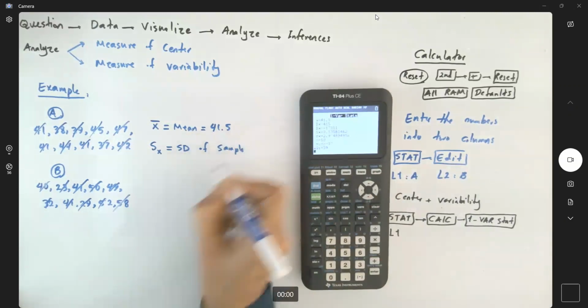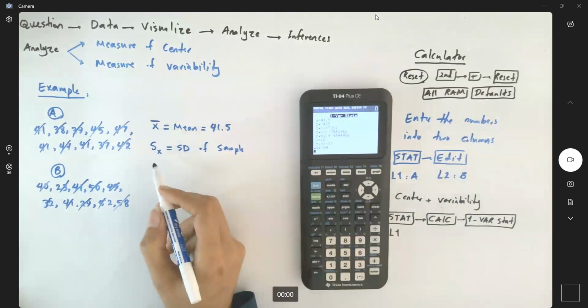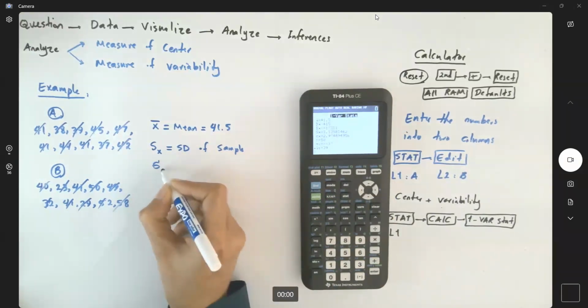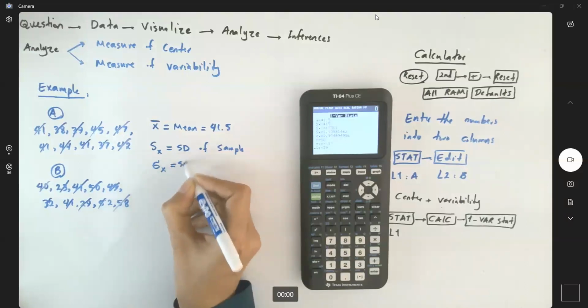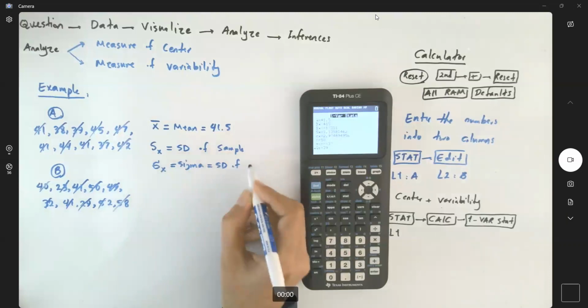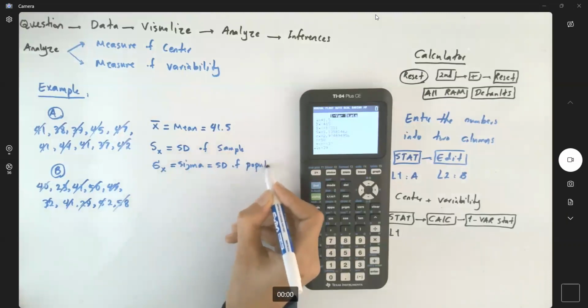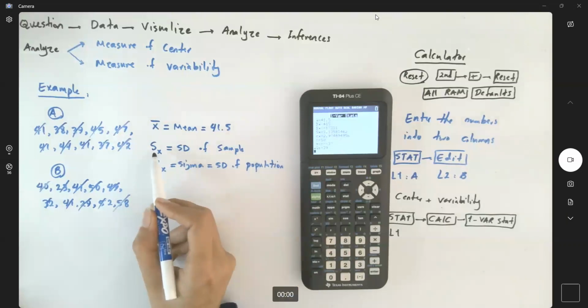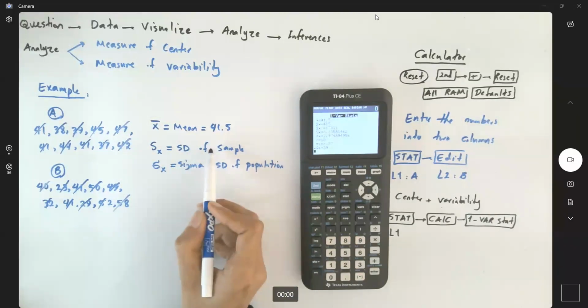If the question says, hey, you are dealing with population, you're going to use sigma X. This is sigma, or the standard deviation of population.